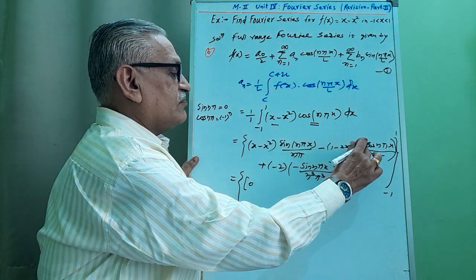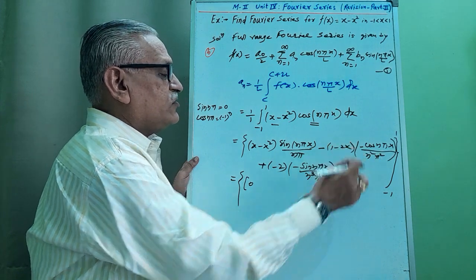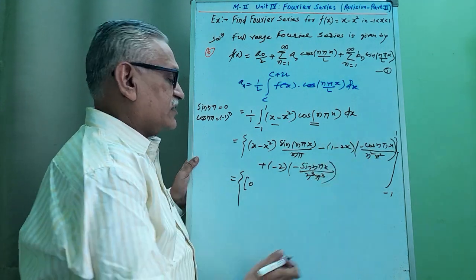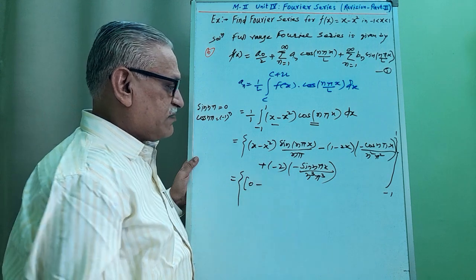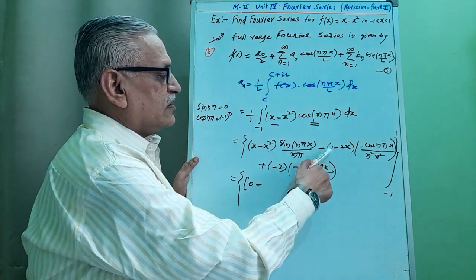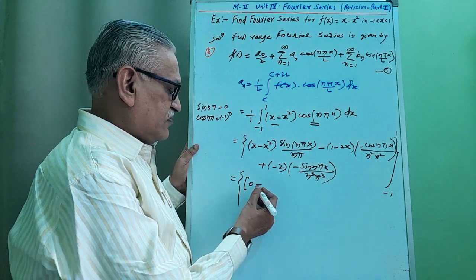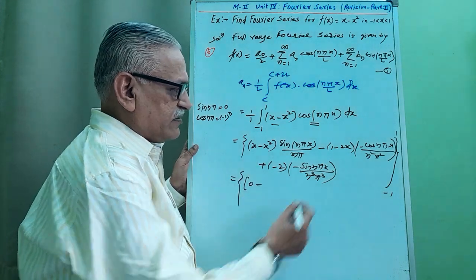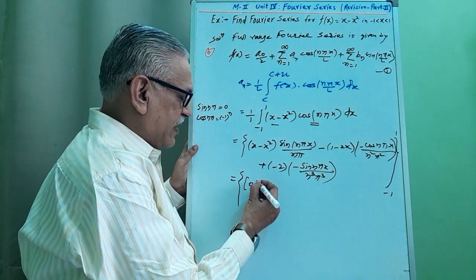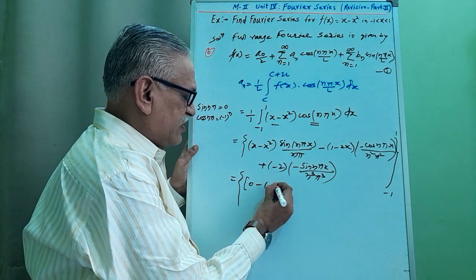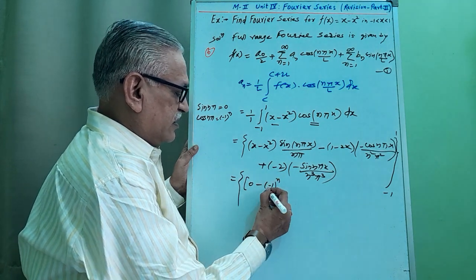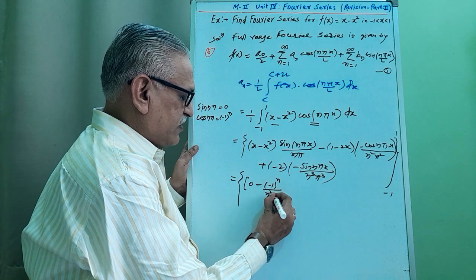Minus, 1 minus 2 with minus sign, and again minus. 3 times minus, we get minus. 1 minus 2 is minus 1, therefore with minus sign, and cos of n pi, and the value of cos n pi is minus 1 raised to n divided by n square pi square.